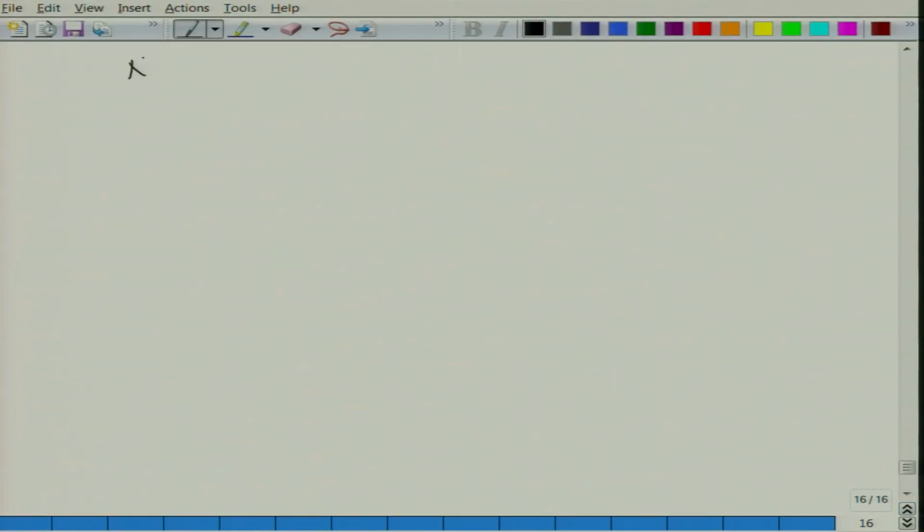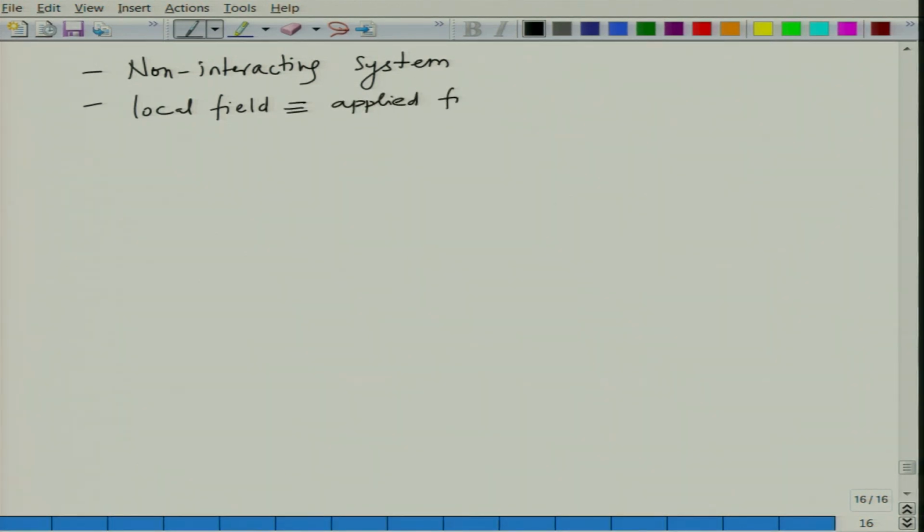If the dipoles were interacting, then the field would be different, but we assume that dipoles are not interacting, and as a result the field is the same as the applied field. So we can say that the system is a non-interacting system, and as a result we will have a local field which is the same as the applied field.